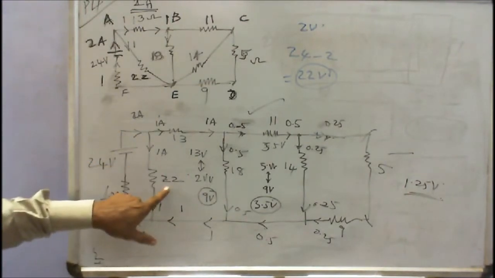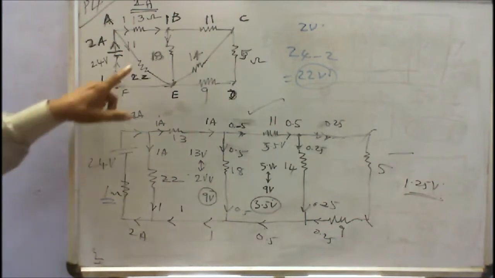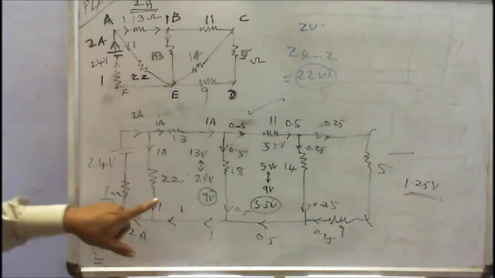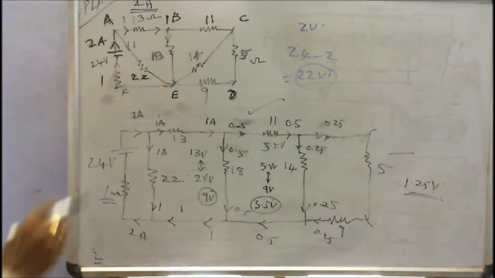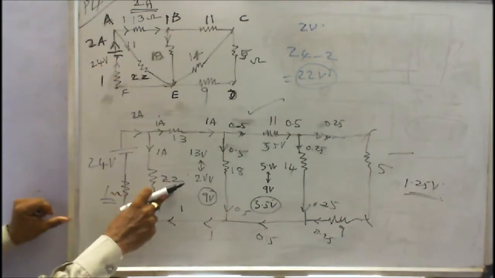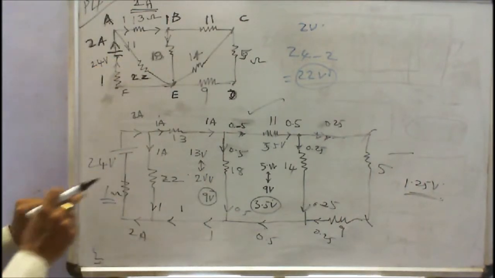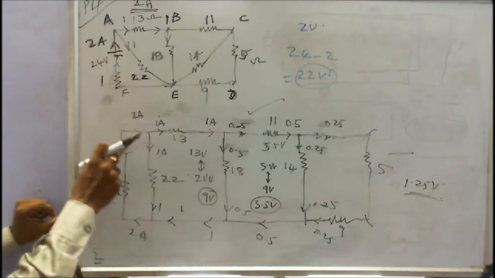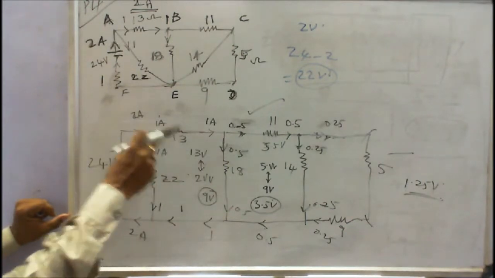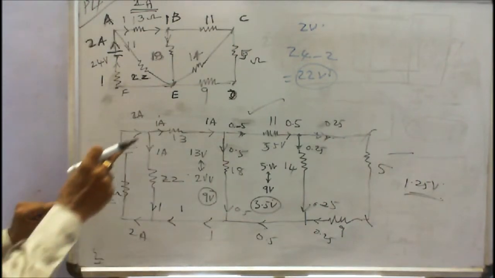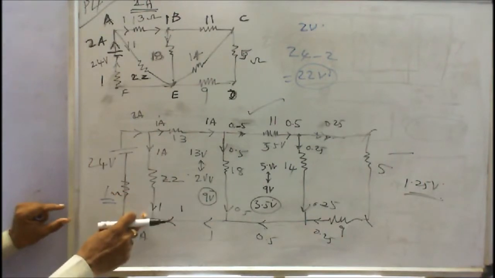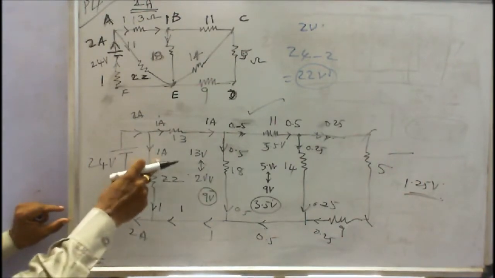This is a 18 ohm resistor. The resistance here is 22. The current towards this junction is 2. This is here 1, this is 1. So naturally the 22 volts appears across this. 22 divided by 22 is 1 amp. Correct.